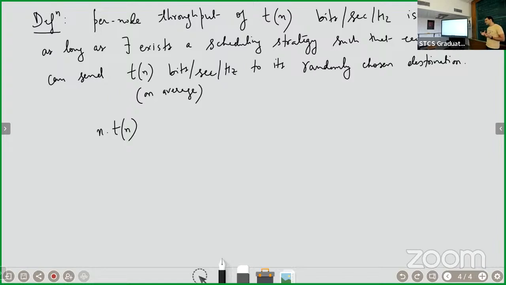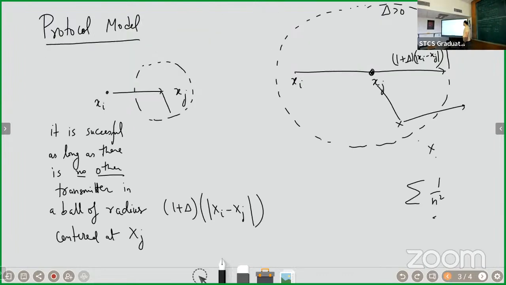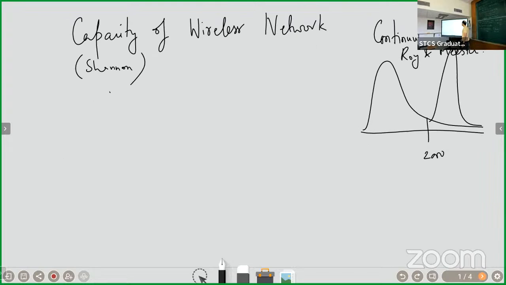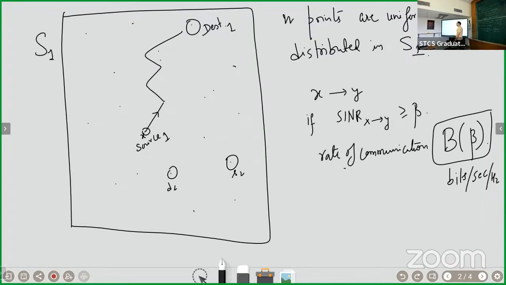Think about the following: how many simultaneous successful transmissions can happen in this network? That itself is a good idea. Remember, it's a bounded SINR network, working with the SINR model or the protocol model. What does it mean to have a particular edge?